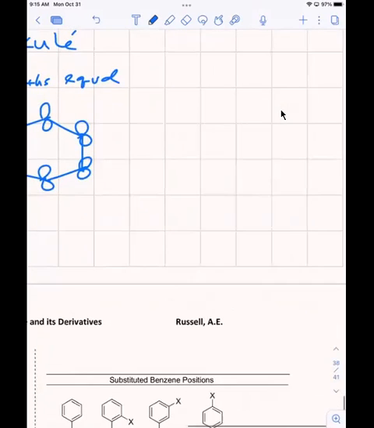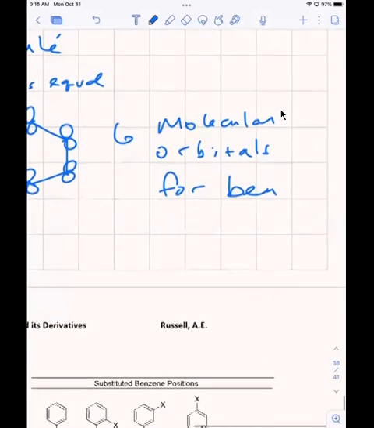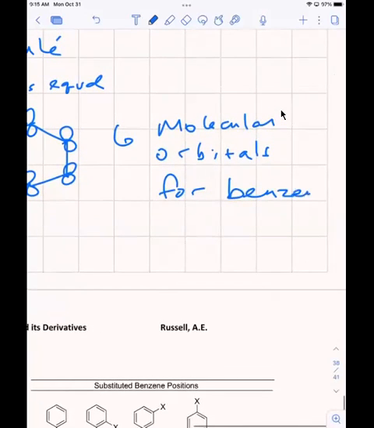So there are 6 molecular orbitals for benzene. So benzene is considered a 6 pi system. Right, it's a 6 pi system.